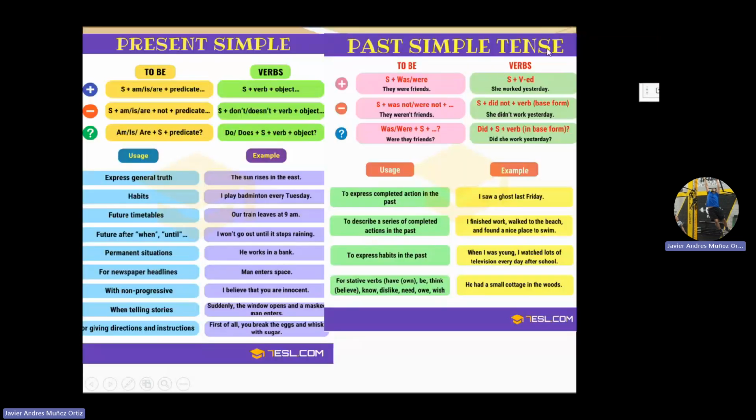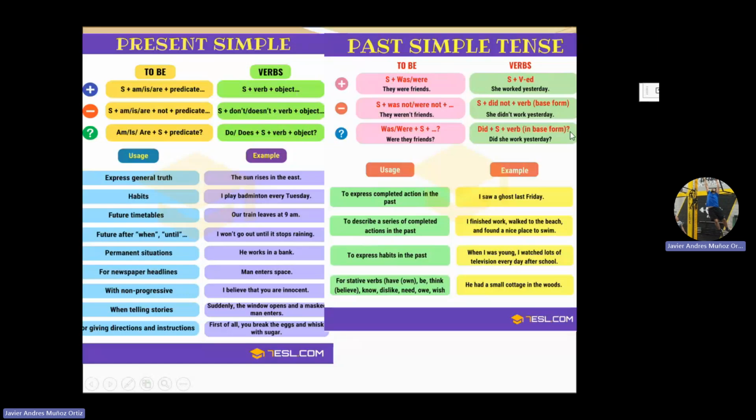So this is the difference between simple past tense and simple present tense in terms of affirmative sentences, grammar. We also mentioned that in negative sentences and also in questions, the organization is going to be the same.